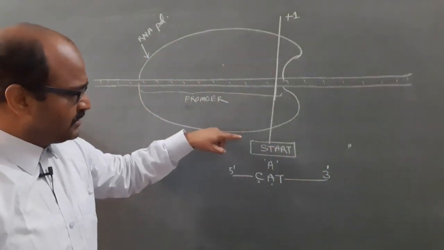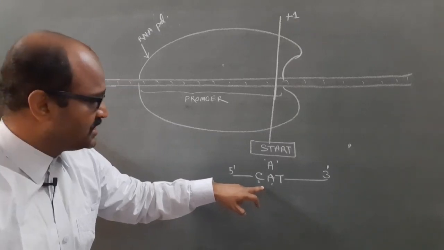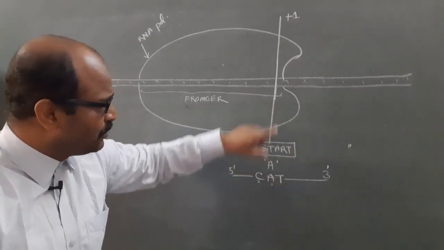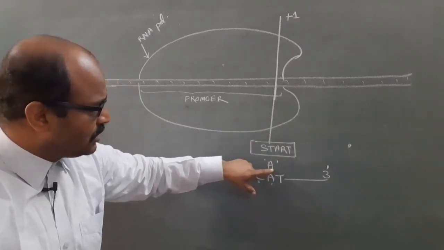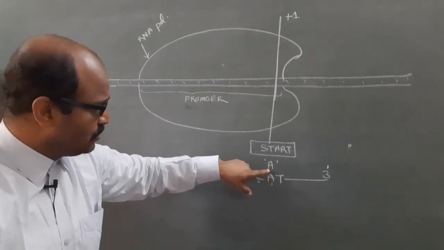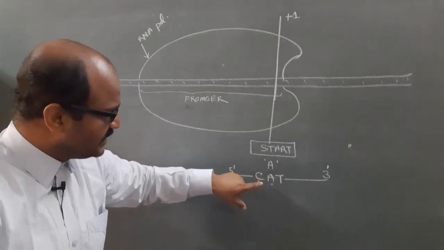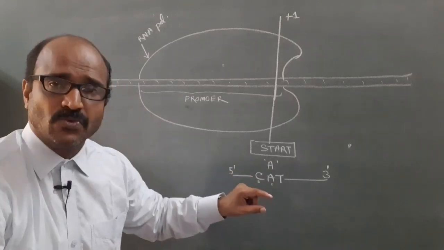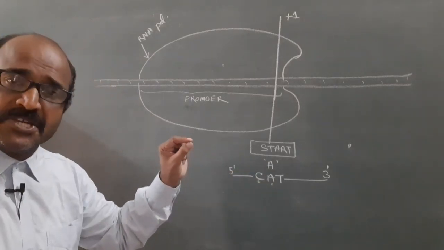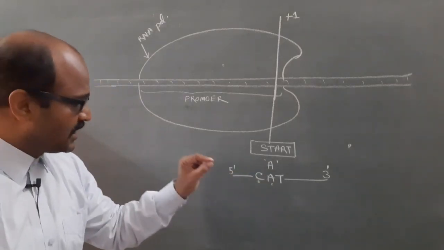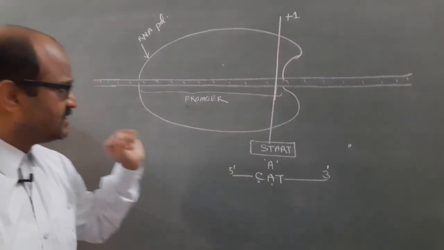At the start point the common sequence is CAT, but the presence of adenine is not compulsory always. That's why this sequence CAT is known as the obligatory sequence.